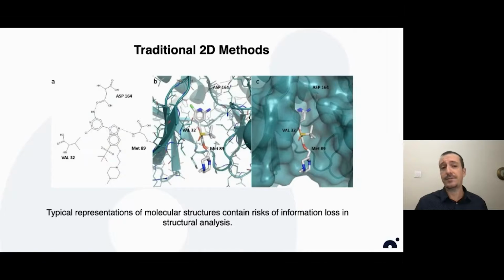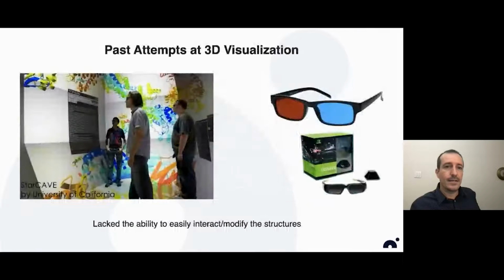In this case, this is a RIP2 kinase, by the way, and even in the figure to the right, which shows the surface, there are some nuances from the pocket that are just hard to tell. So there have been past attempts at three-dimensional visualization, such as this StarCAVE at the University of California.